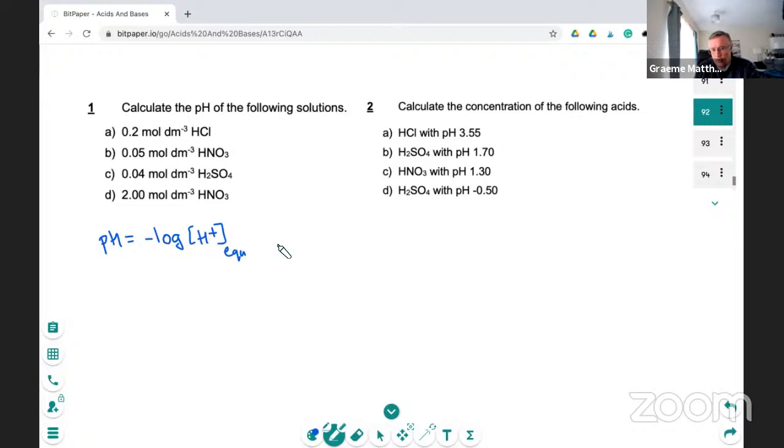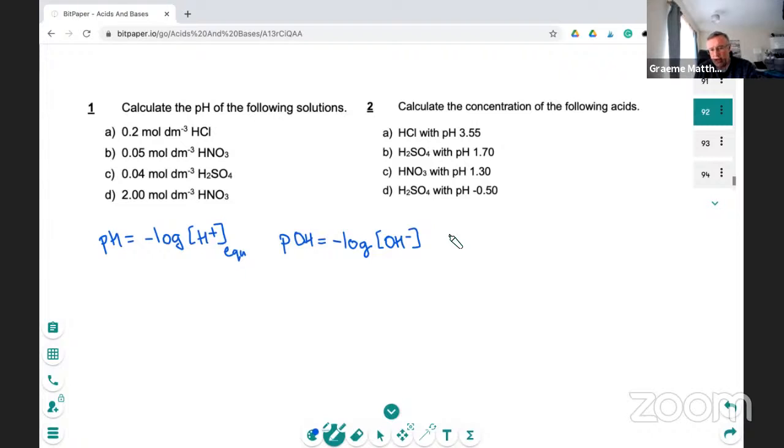Then you've also got another way of looking at it, because students always ask me what the P stands for. The P is just a mathematical function. It just means minus the log, and so you can take minus the log of anything. For example, you can take minus the log of the hydroxide ions if you were dealing with a strong base.